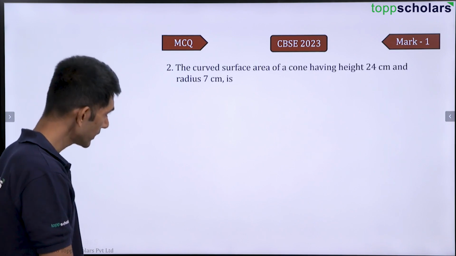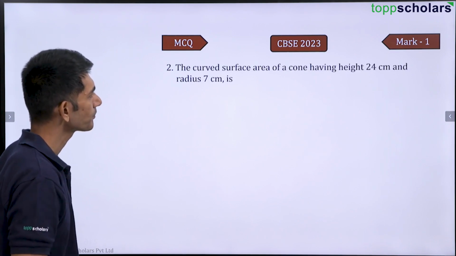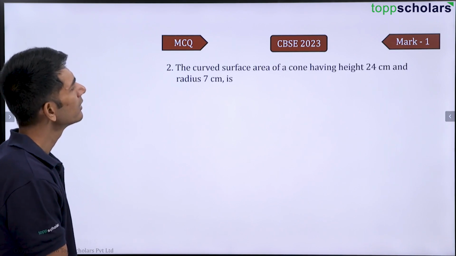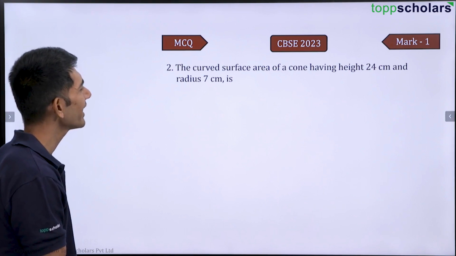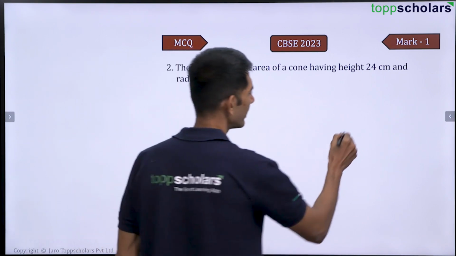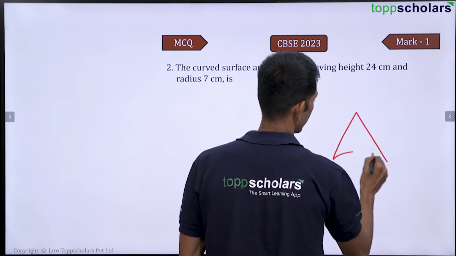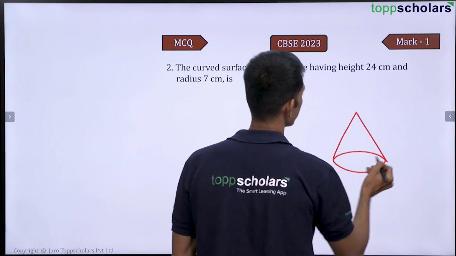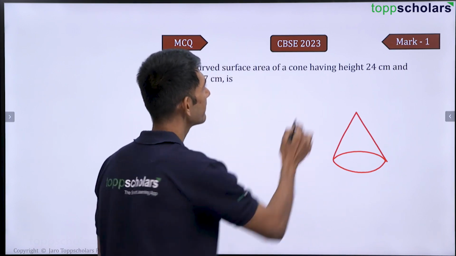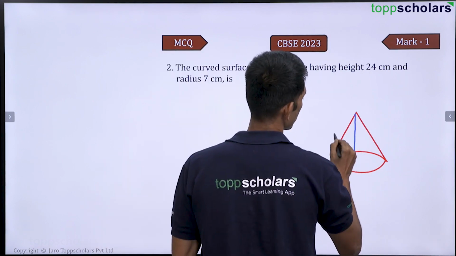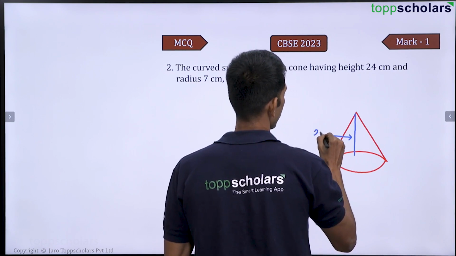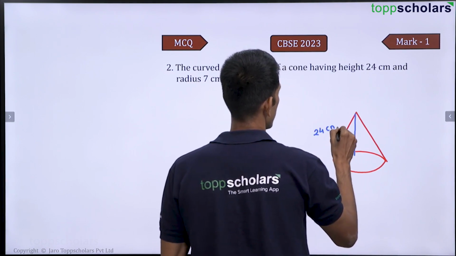The new question says the curved surface area of cone having the height 24 centimeter and radius 7 centimeter. Simple question again. So there is a cone, right? We're supposed to find out the curved surface area provided the height is given. The height is 24 centimeter.